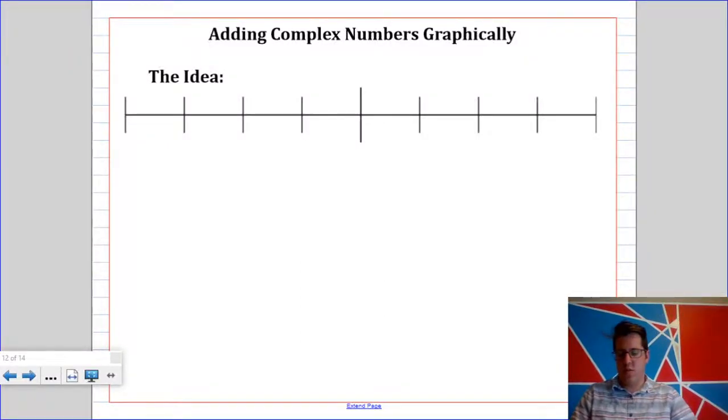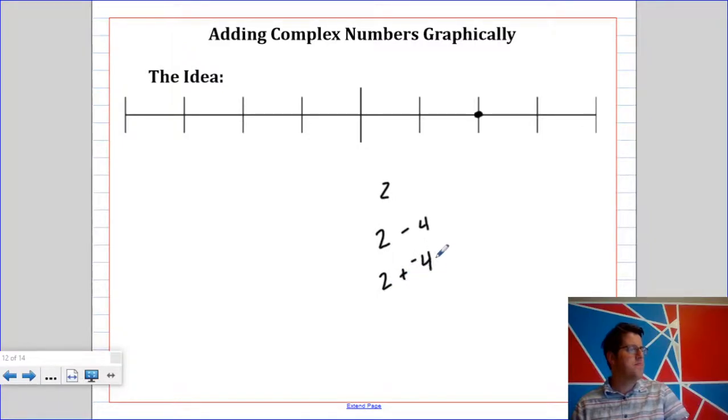I promised earlier to make a video about representing complex numbers on a plane, so I just wanted to take some time and do that. So think way back to elementary school. You might have learned that 2 is on the number line right here, and that if you wanted to do 2 minus 4 or 2 plus negative 4, you would start at 2 and then go 1, 2, 3, 4, and see where you ended up.